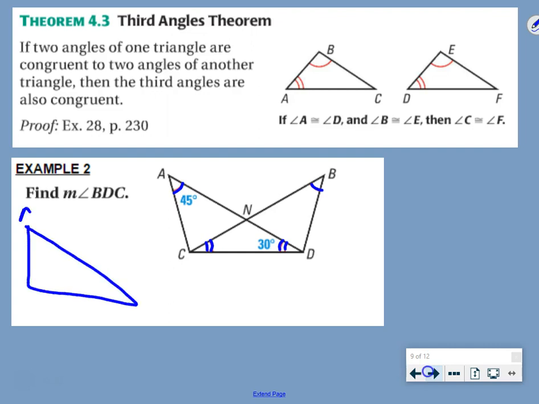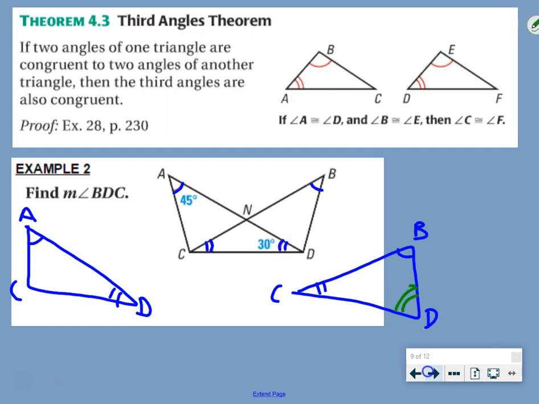It can help if we split up those triangles, ACD and then BCD. We have this angle here is congruent to this angle here. These angles are congruent. That means we know that these angles are going to be congruent as well based on that theorem.